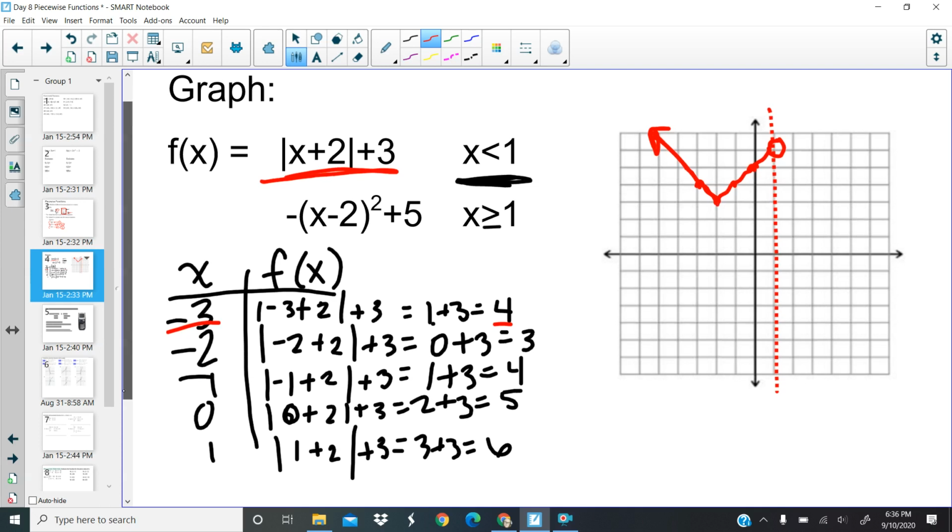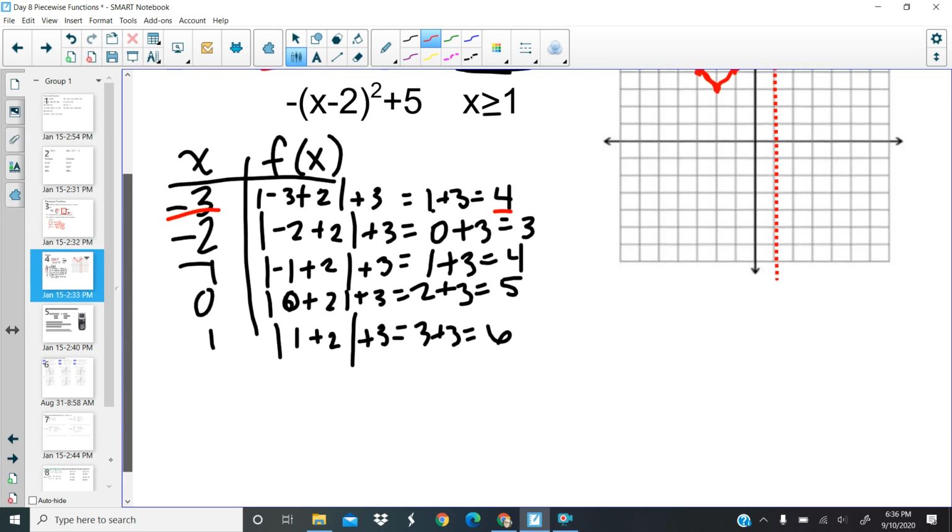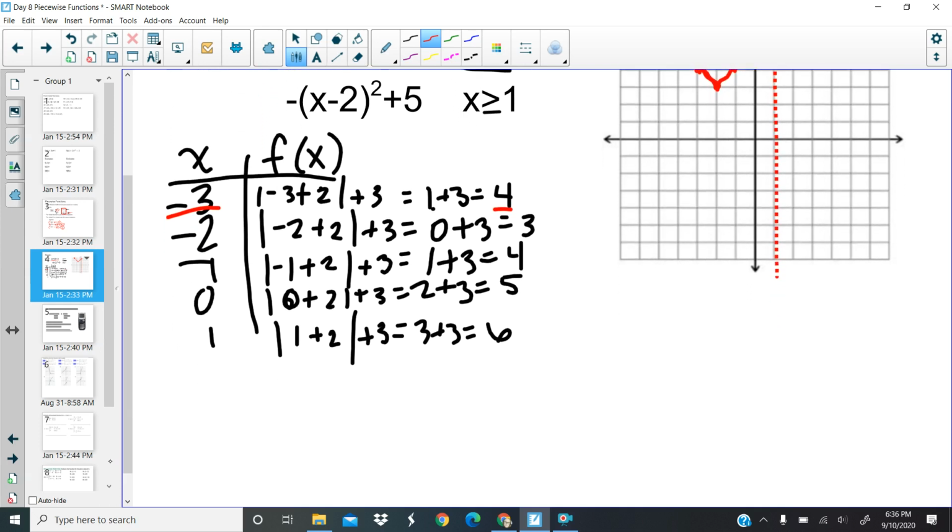So then I'm going to scroll down a little and change my color, and then I'm going to keep going with my x and f of x numbers, and I'm going to see what the graph looks like where x is greater than or equal to 1. So first, I'm going to plug in 1 again, because that's where I need to start.